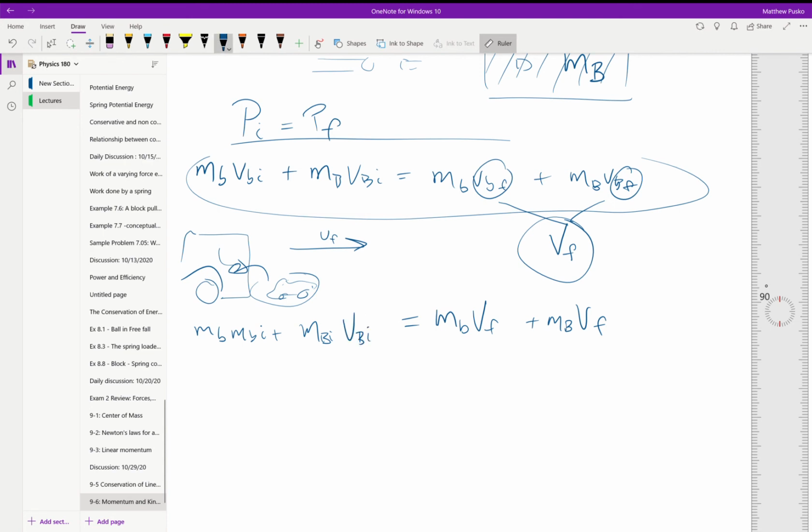The block is typically hanging at rest in this case. It doesn't have to be, but we can cross that out if we wanted to. I'm going to go ahead and leave it as a general case where they move off together with some combined velocity. So now let's solve it for that.